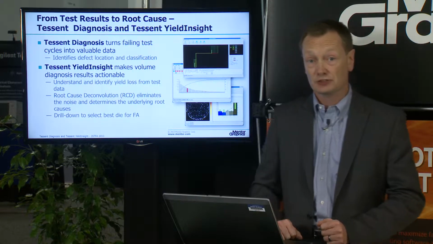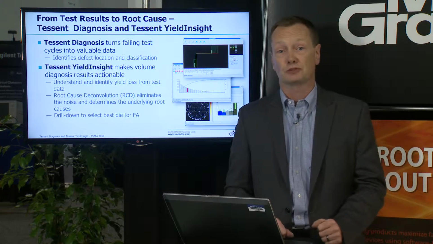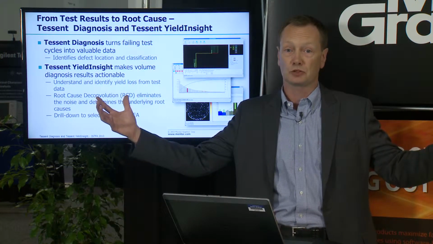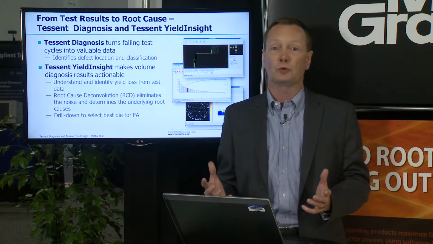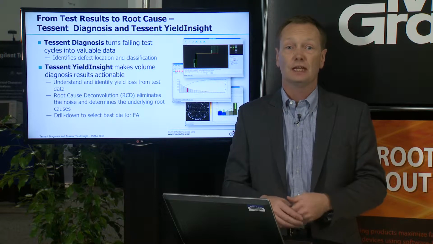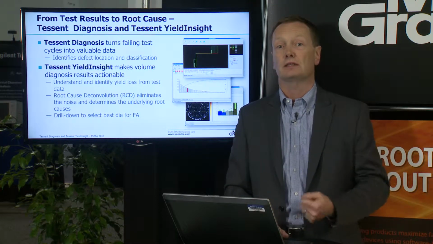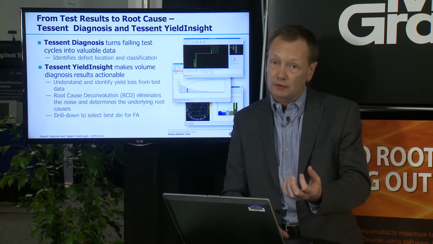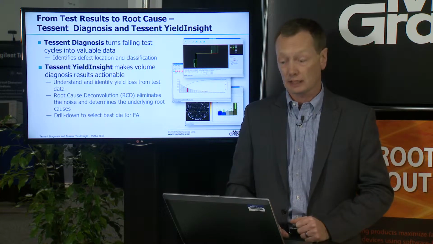Tessent Yield Insight is the second piece of the puzzle. It can be used to take a set of diagnosis results and analyze them to understand the underlying root causes, find systematic defects, and help us select the best, most relevant devices for FA.